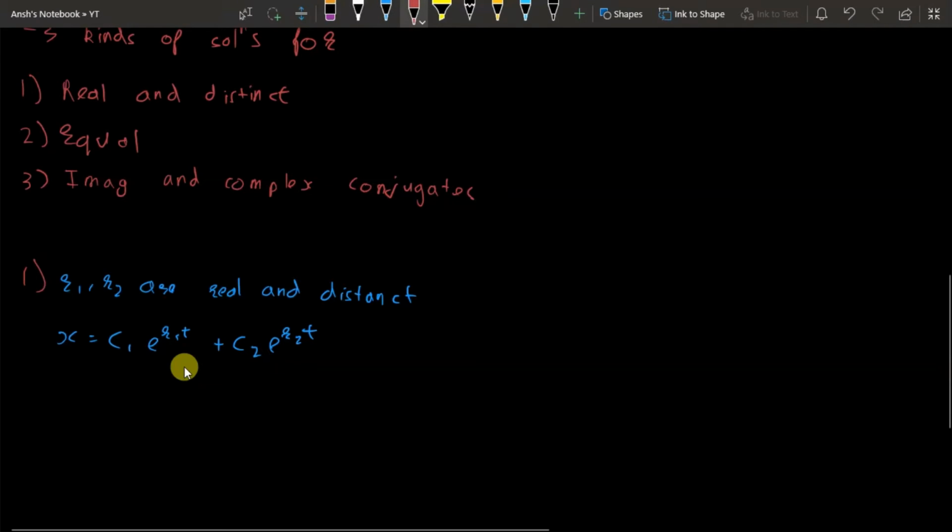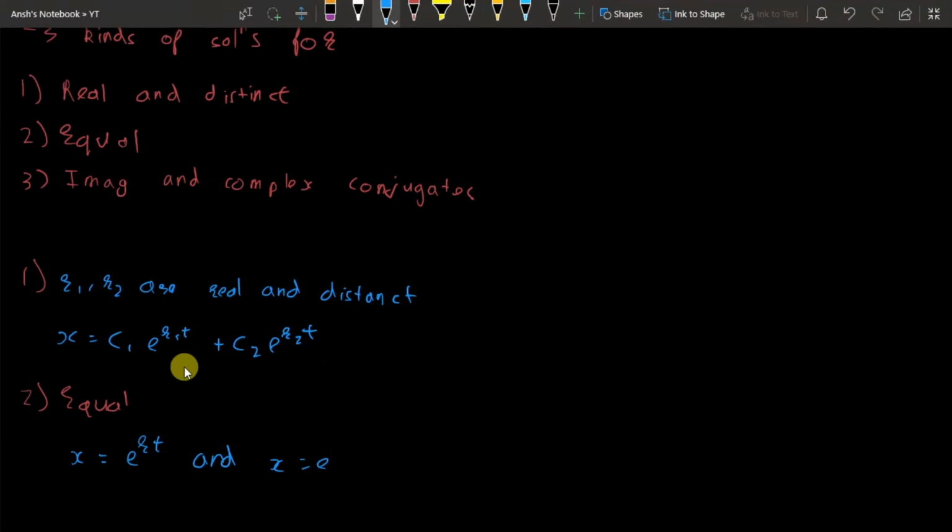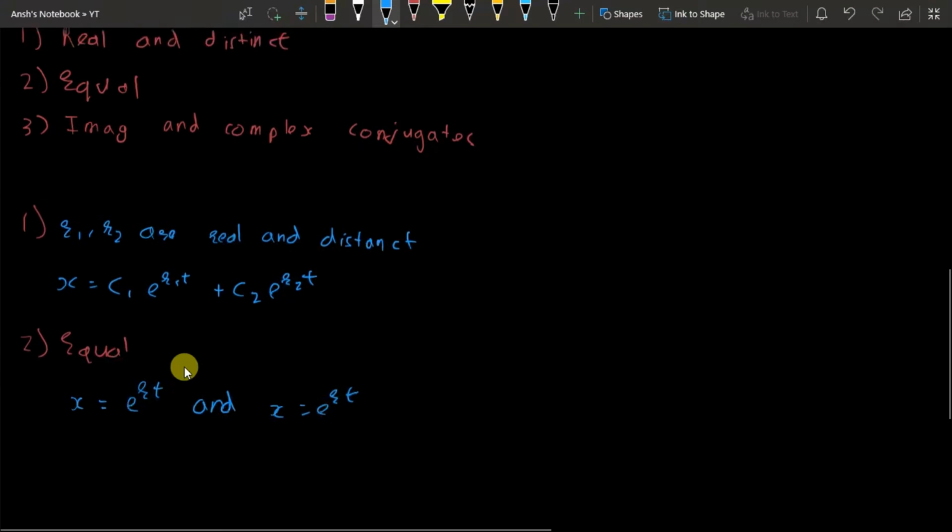Now, when the roots are equal, our solution would be of the form x equals e raised to rt, and since both the roots are equal, there will be no r1, r2, but just an r, which is the one root of the quadratic equation.